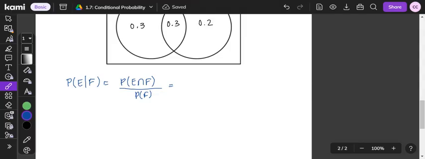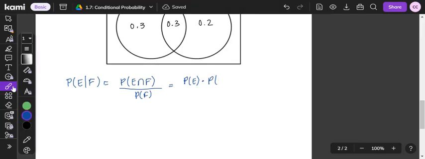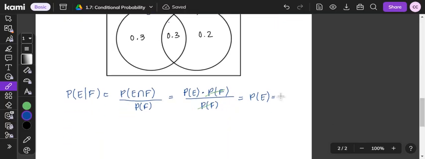Or another way to look at it: because these are independent events, I know that E and F is the same as E times F. Hopefully you're seeing what's going to happen here. Look at how the probability of F cancels out. So I'm left with just the probability of E, which I was told at the beginning is 0.6.